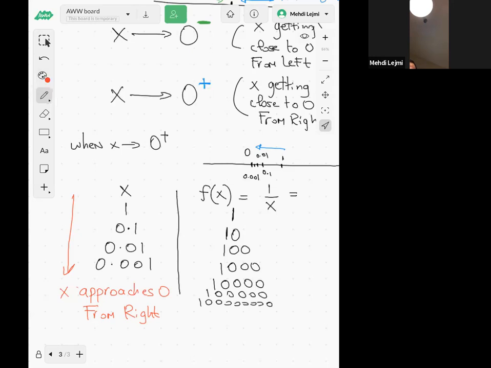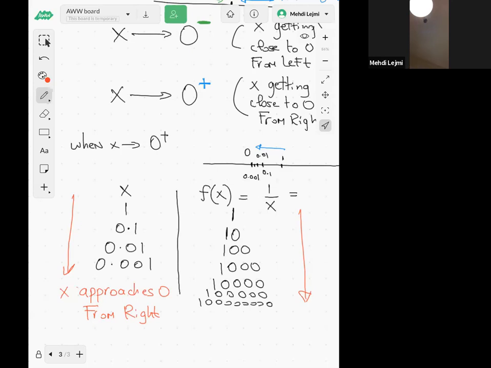So my question for you guys: what happens to the values of the function f as x approaches 0 from the right? As you are getting close to 0 from the right, the values of the function f are getting larger and larger, like 10, 100, 1,000, 10,000, 1 million. And larger means that you're going to go to very, very large numbers, so you're going to go to infinity.